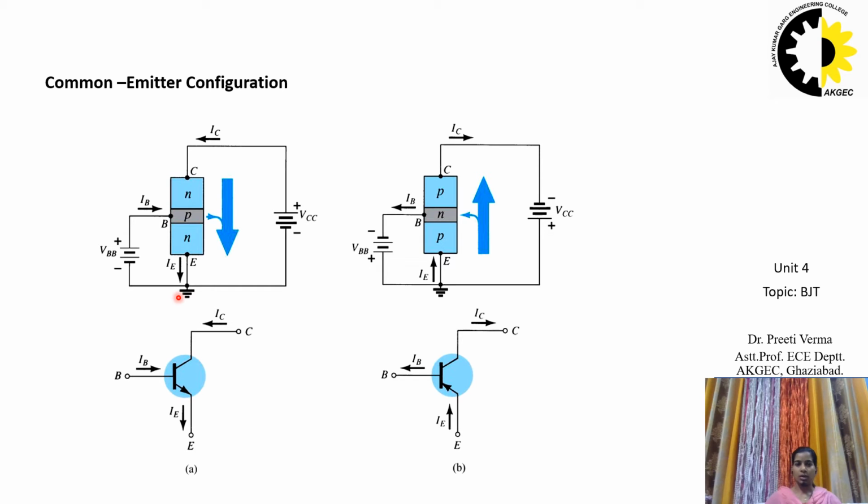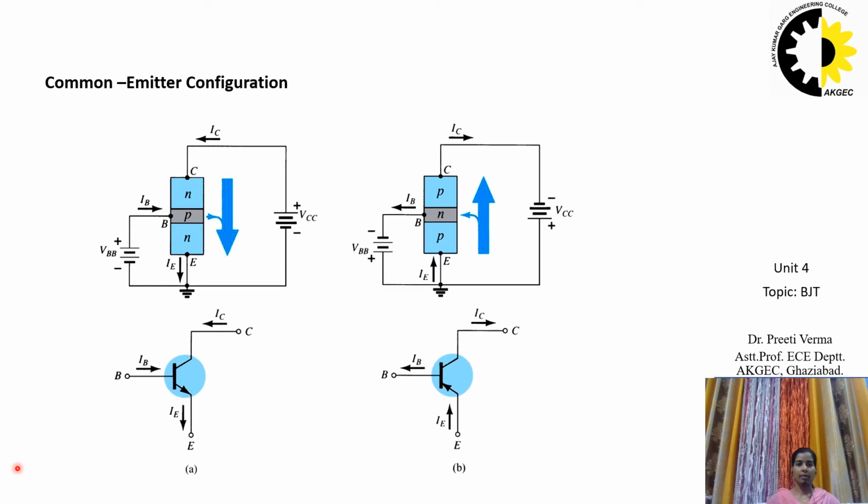If you recall the previous diagram of common base configuration, then at the input side we had emitter and base. A battery was connected between emitter and base, and the emitter base junction was the input side junction, and collector and base was the output side junction.